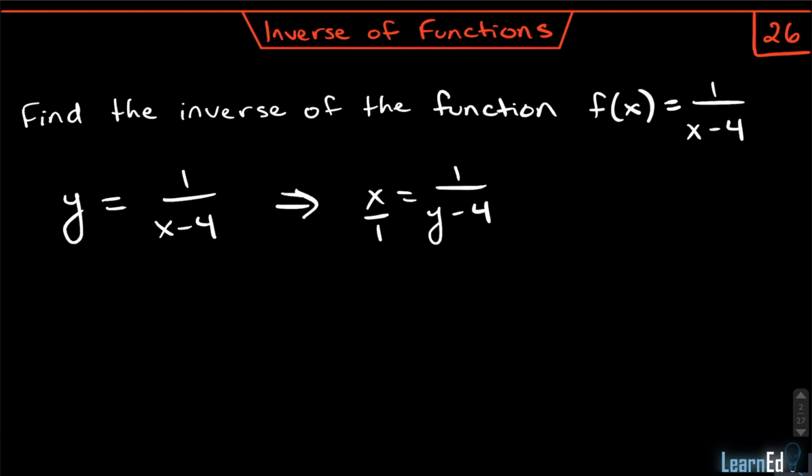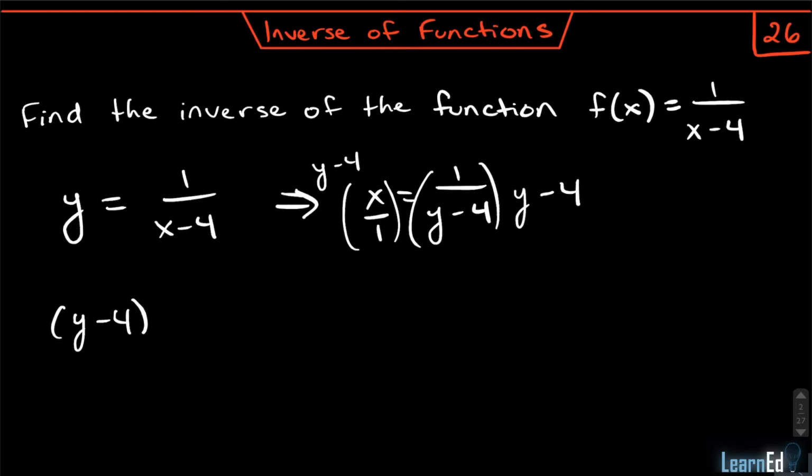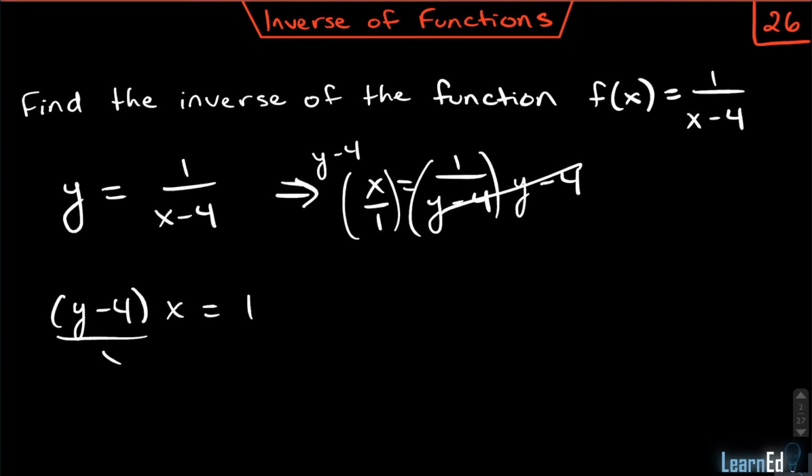And to prove that, okay, what you can do is you can multiply both sides by y minus 4. Okay, and if you do that, you get y minus 4 times x equals 1, right? Because this will cancel over here. Okay, and then you can just divide each side by x and get y minus 4 is equal to 1 over x, right?